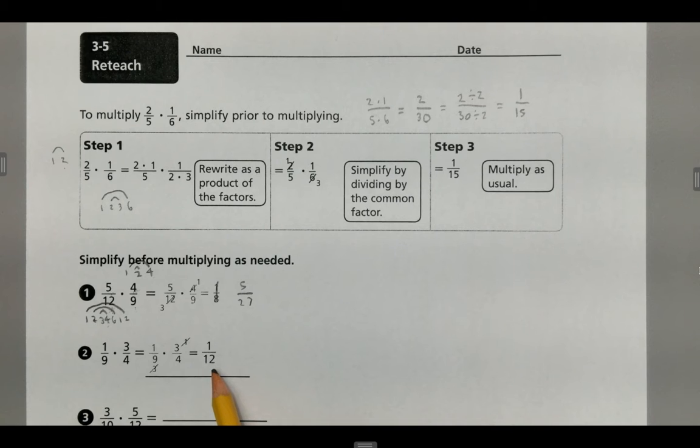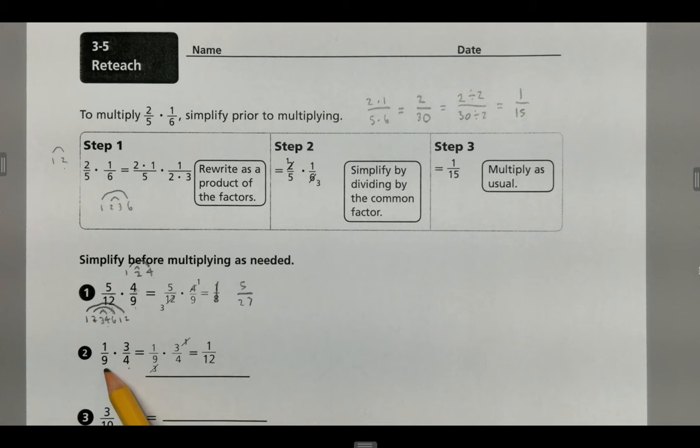Let's go on to number 2. 1/9 times 3/4. Look at your numerators that are diagonally across from the denominator. 1 versus 4. Is there a greatest common factor shared by both? Well, just 1. 3 and 9. Is there a greatest common factor shared by both of these two numbers?